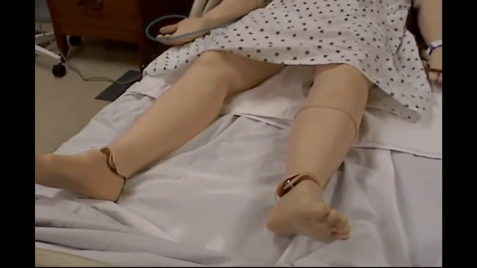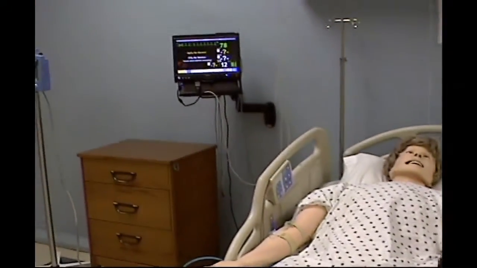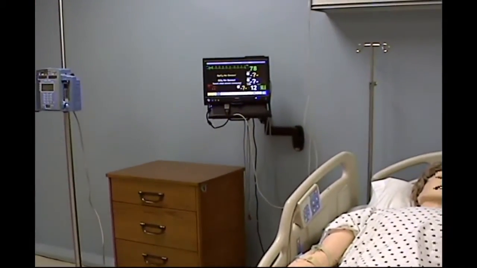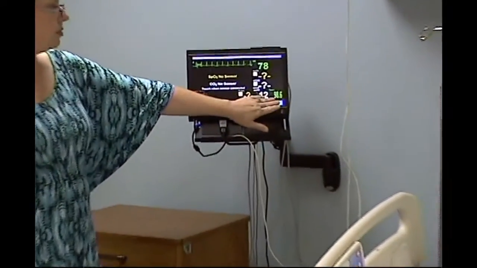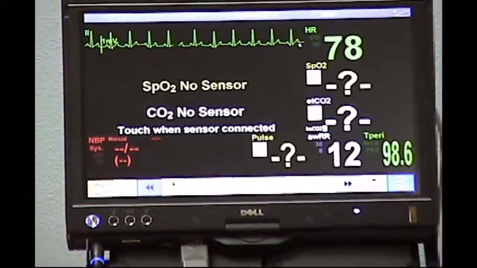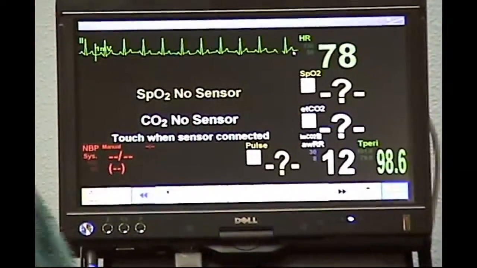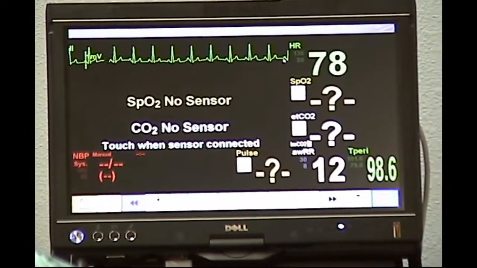Vital signs may be obtained from the patient monitor located at the bedside. The temperature displays as T peri, and the value is visible on screen at all times. To obtain an oxygen saturation level, place the O2 probe on any finger, either hand, to display the value on the patient monitor.